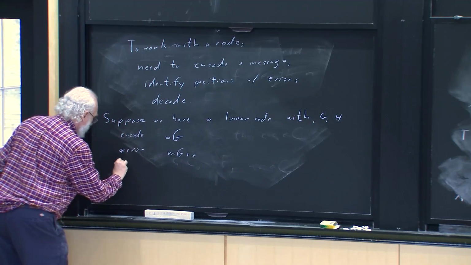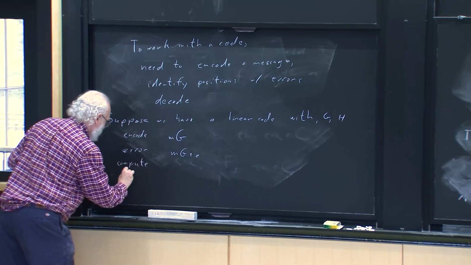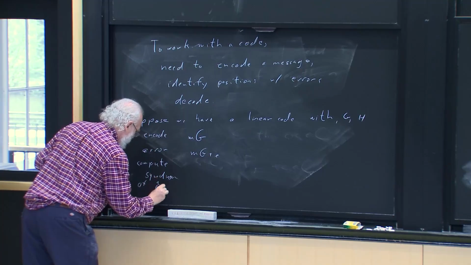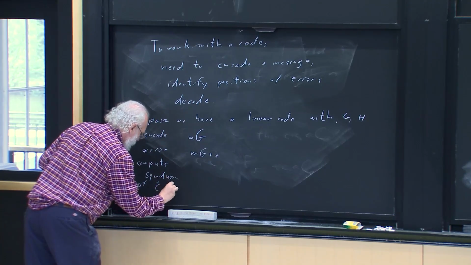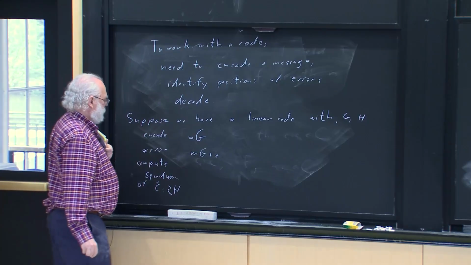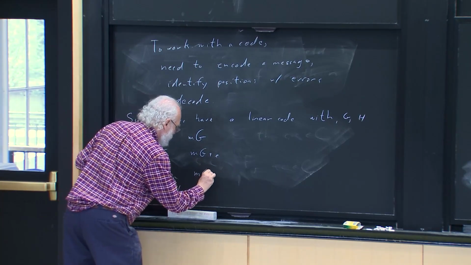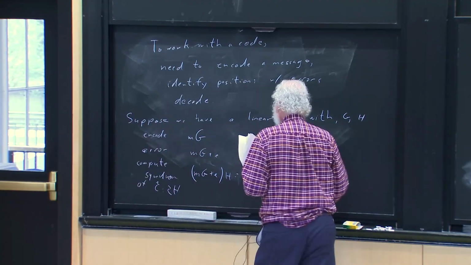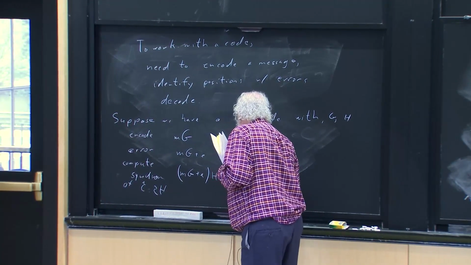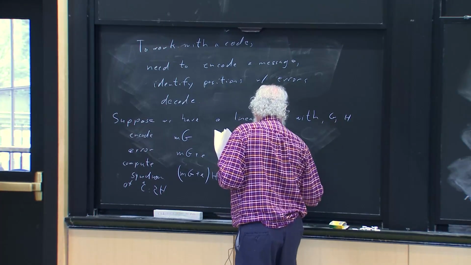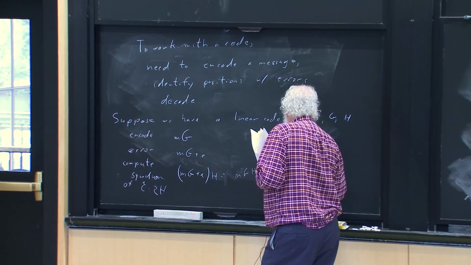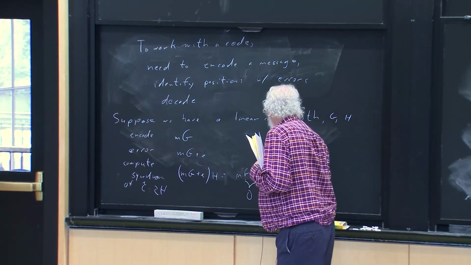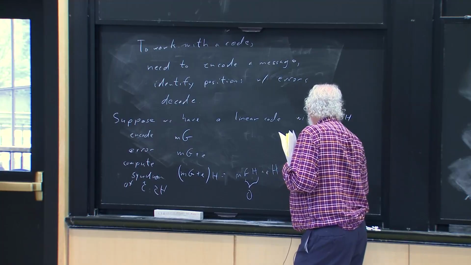And the next step is compute the syndrome of C tilde, and that's C tilde times H. This is mG plus e times H, which is equal to mGH plus eH, which is just eH, because remember, G times H was 0. And this is called the syndrome.